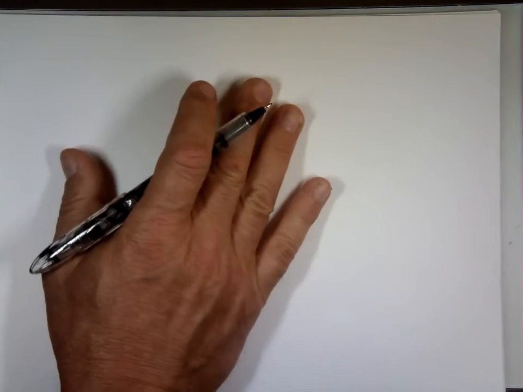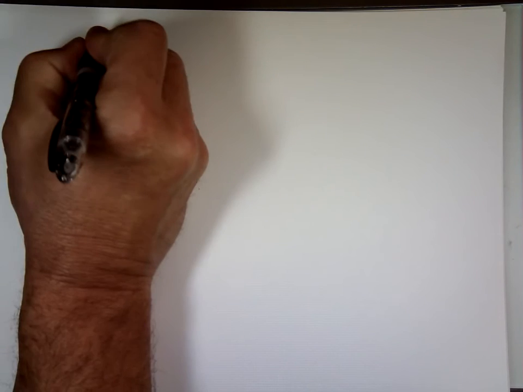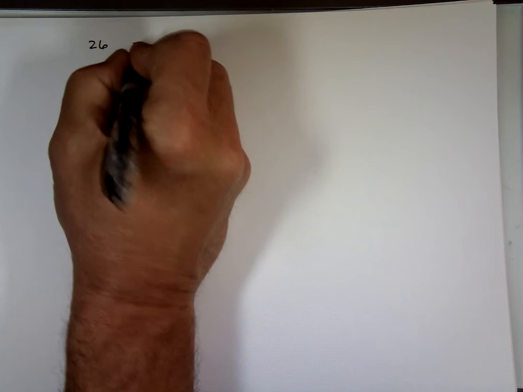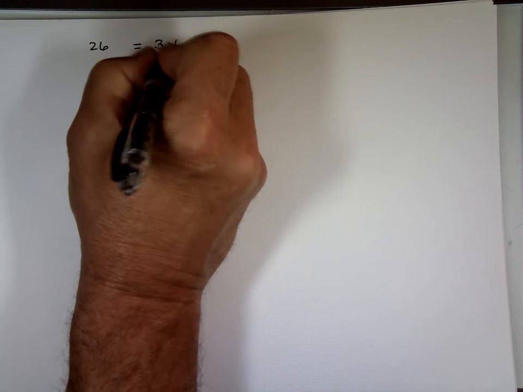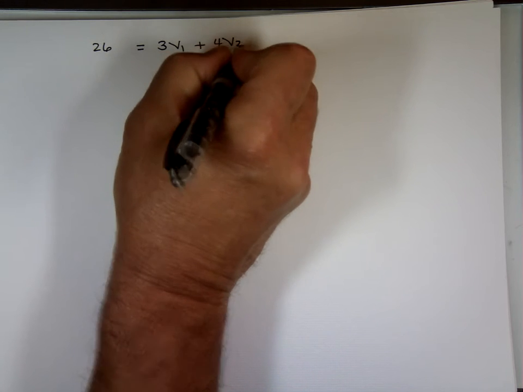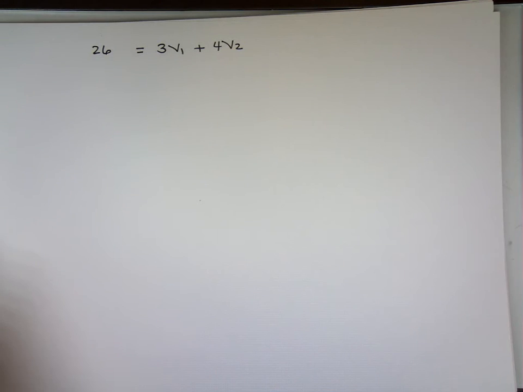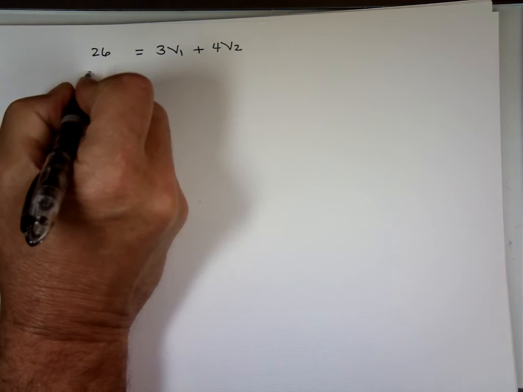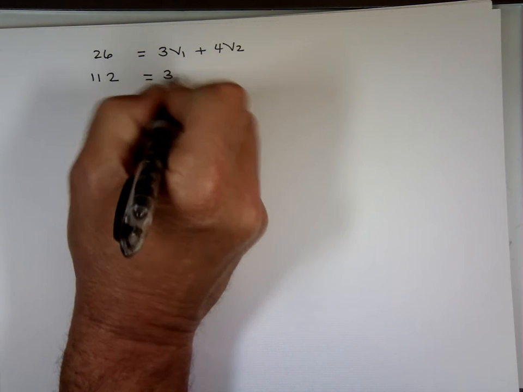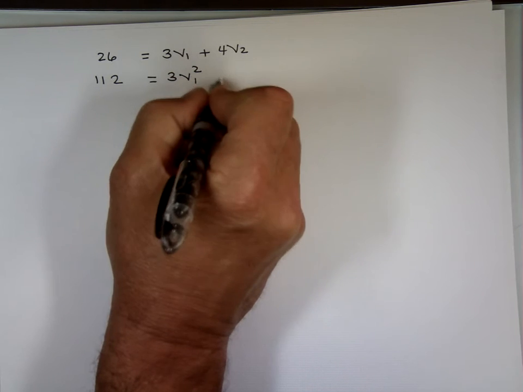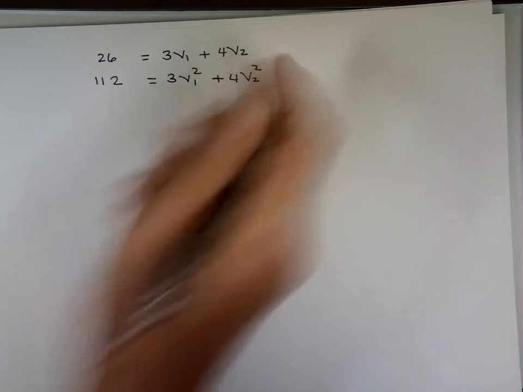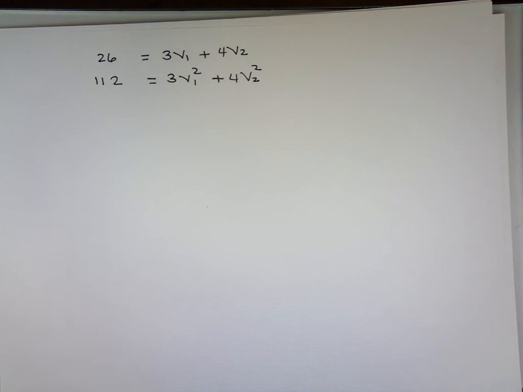And this is where the math becomes fun. 26 equals 3v1 plus 4v2. 112 equals 3v1 squared plus 4v2 squared. How would you solve these two equations?